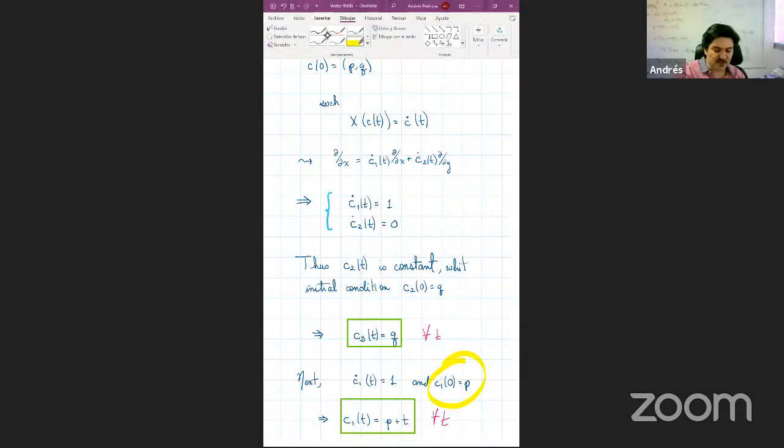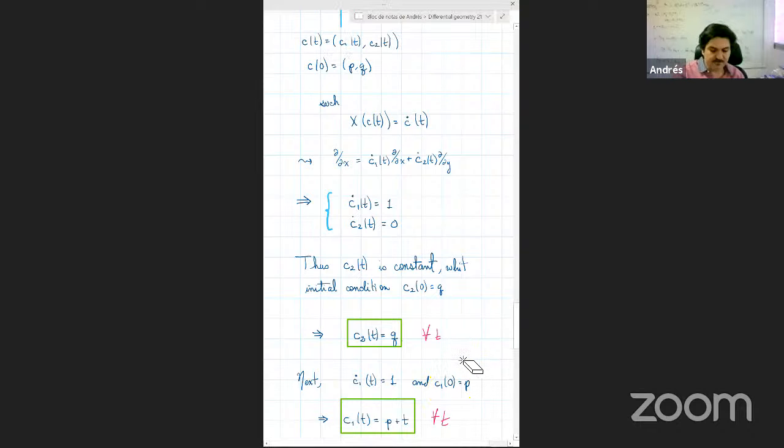Now, the domain of solution of this, I put it in red because that's going to be important later on. Just by solving the equations, you know that the solution holds for all t, the first one and the second one.